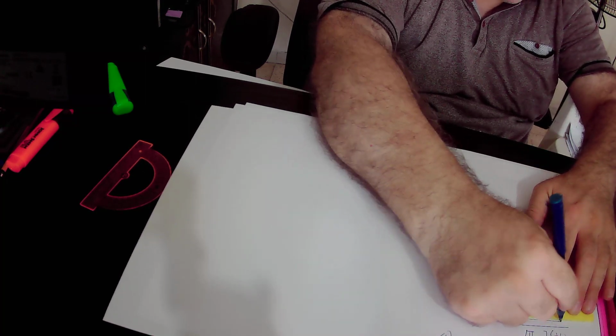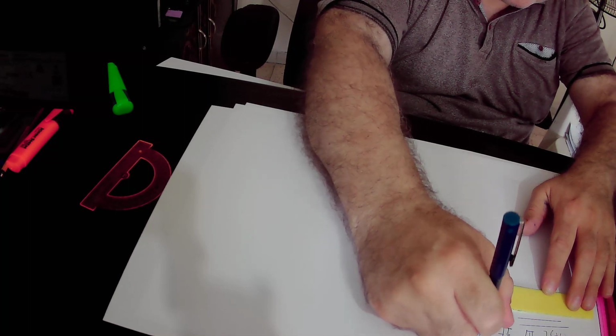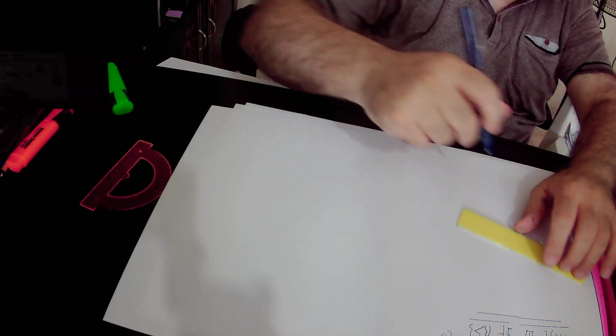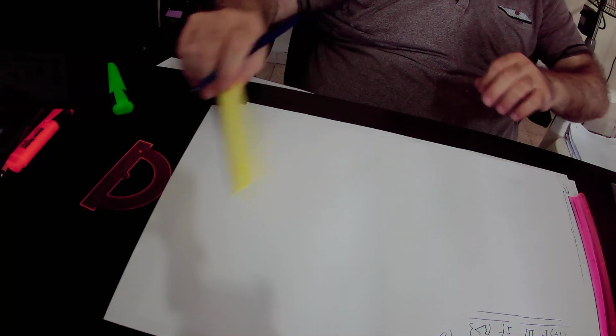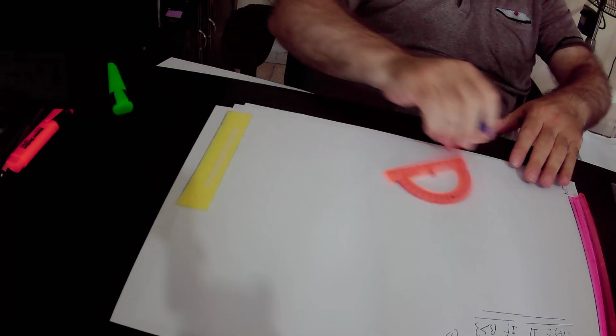So if R is greater than 3 units, then we know that the radius of the circle is greater than 3 units.